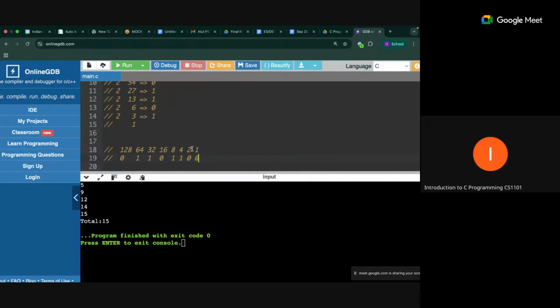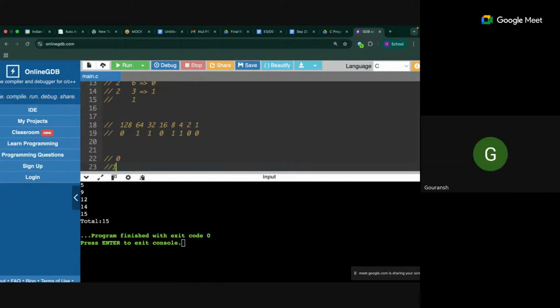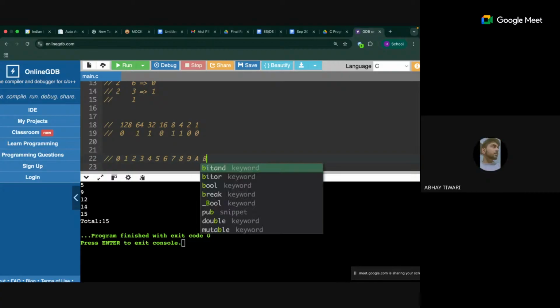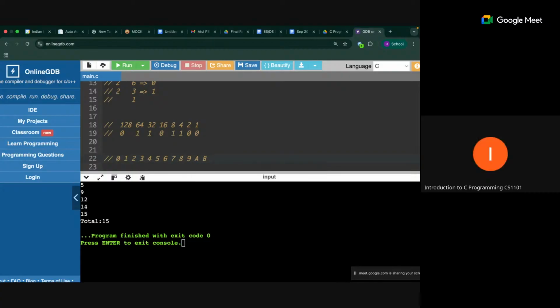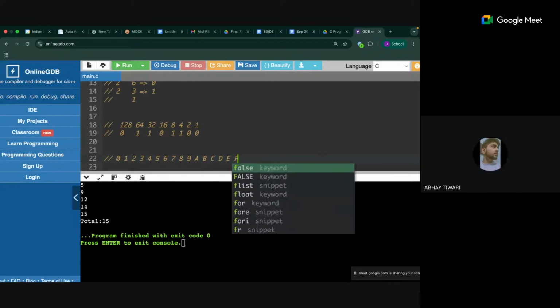So what values are there in hexadecimal? 0 to 9. Then 10 would be A, then B, C, D, E, F. So instead of 10, we take it as A, B as 11, C as 12, D as 13, E as 14, F as 15.